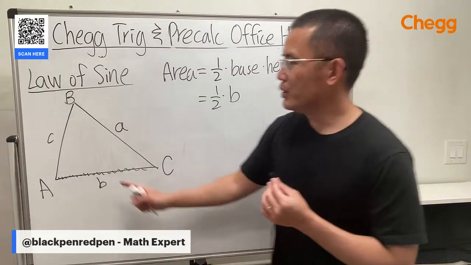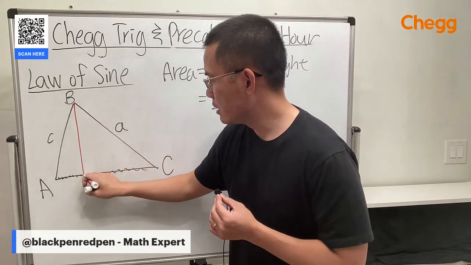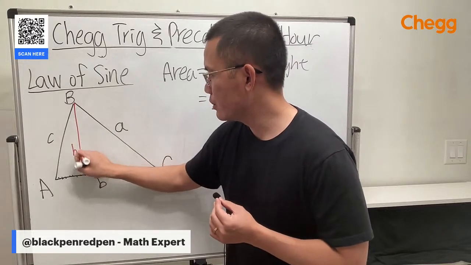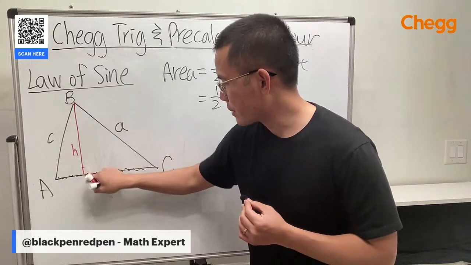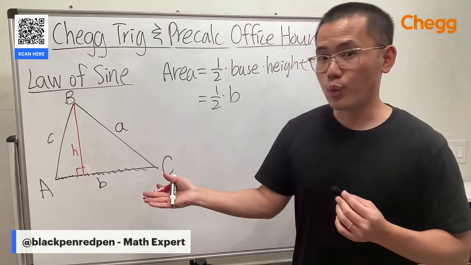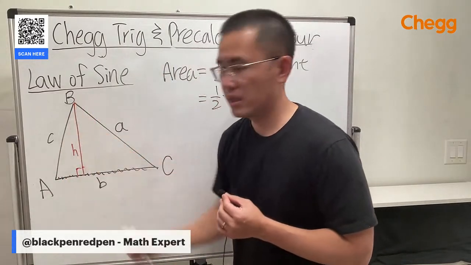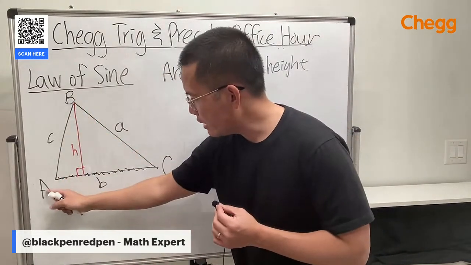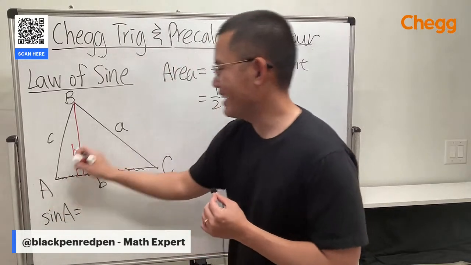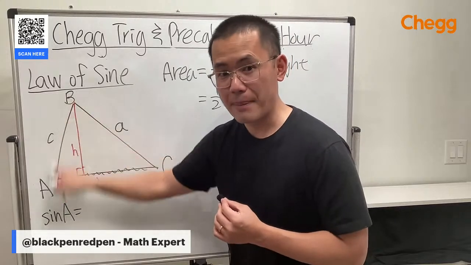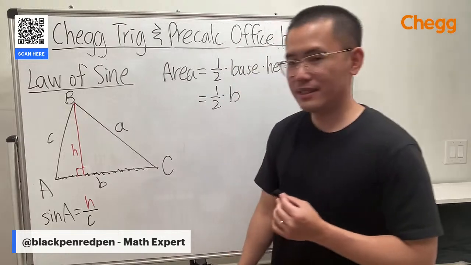Well, the height is you go to the other vertex, you are going to drop a perpendicular, like so, and then you call that h. Now, here's the deal. This is perpendicular. So now we can work with right triangles. Look at this triangle here. This is the angle A. If you take sine of that, don't we get opposite over hypotenuse, which is h over little c.